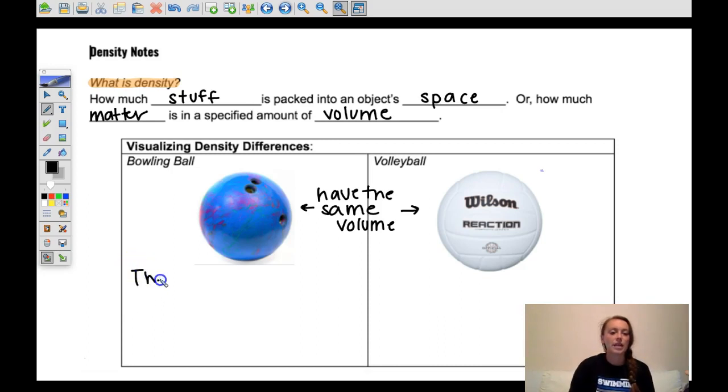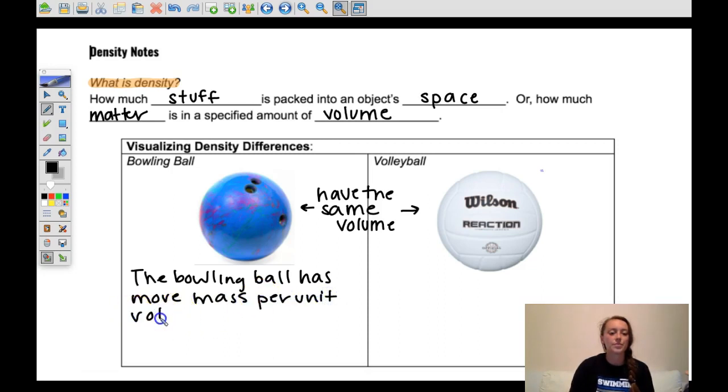So we can say that the bowling ball has more mass per unit volume, which means it is denser than the volleyball.